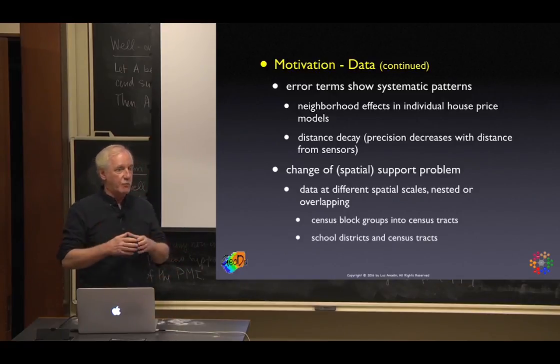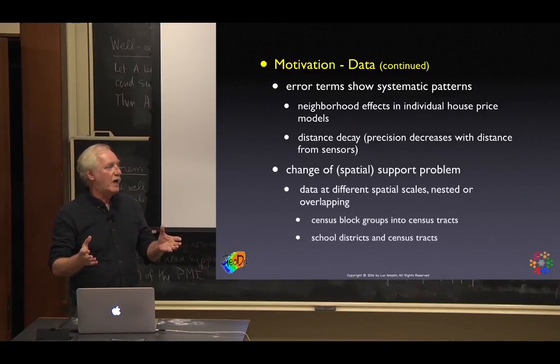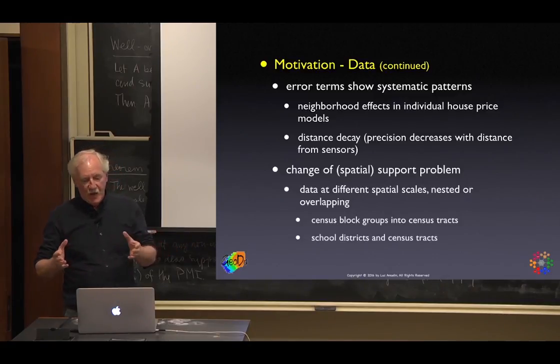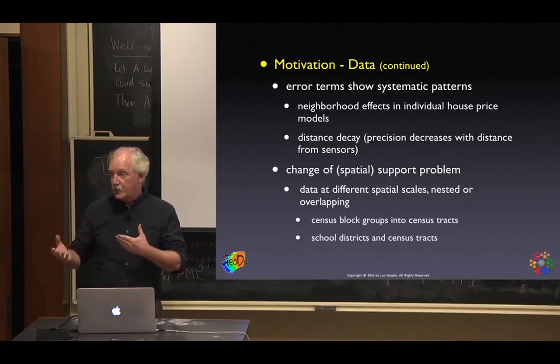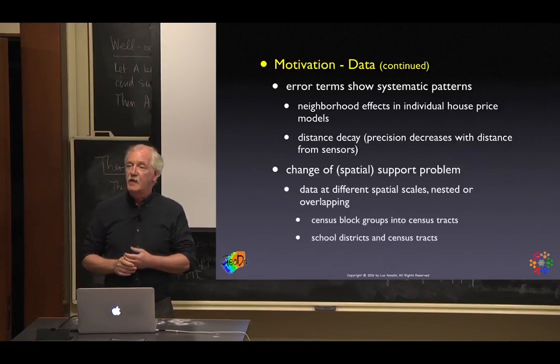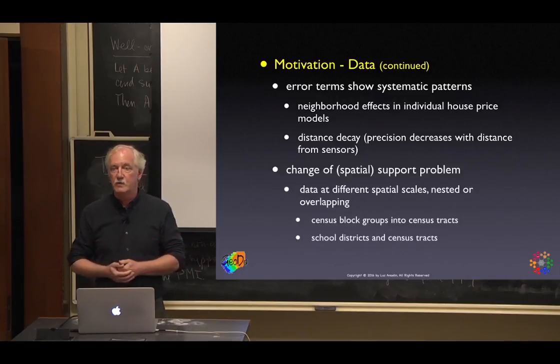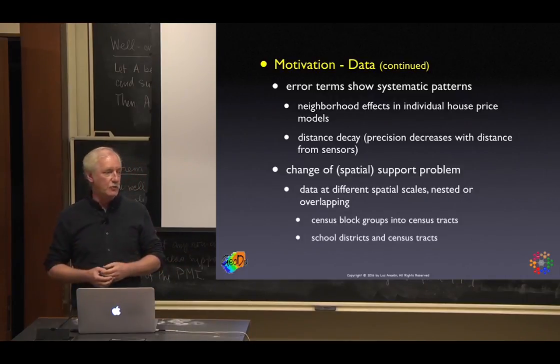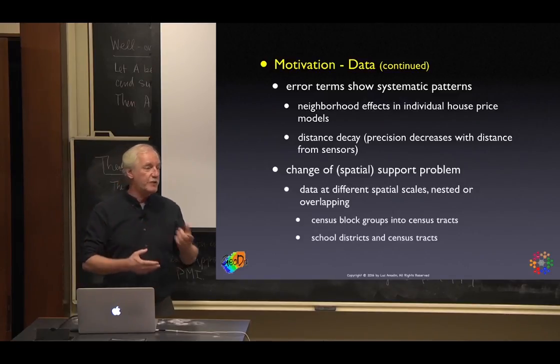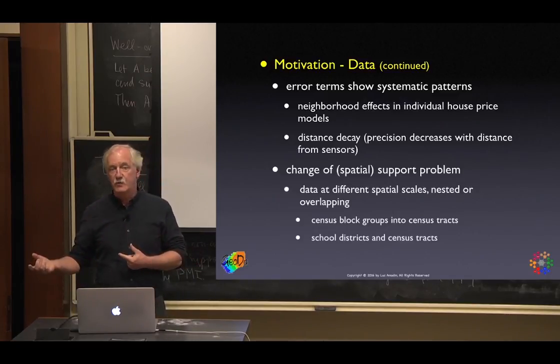In space, the support will be the area in which you have your measurement. And for a lot of studies, for a lot of analyses, the information that you have does not pertain to the same area. For example, if you do educational studies, you may have information on school districts. School districts do not match census tracts.